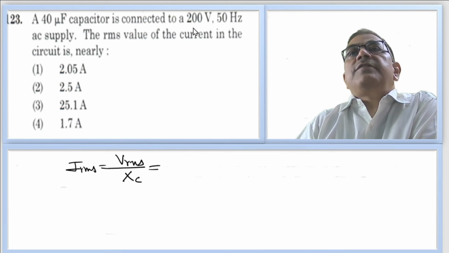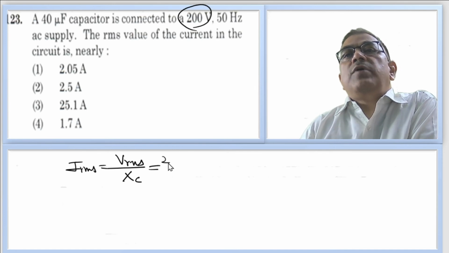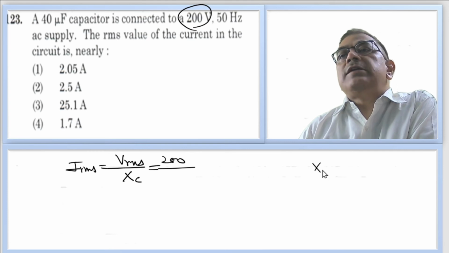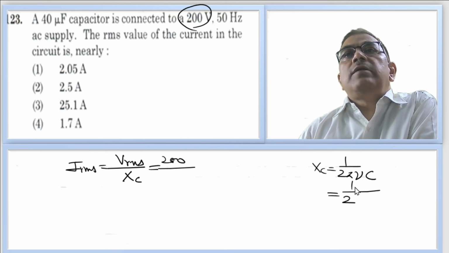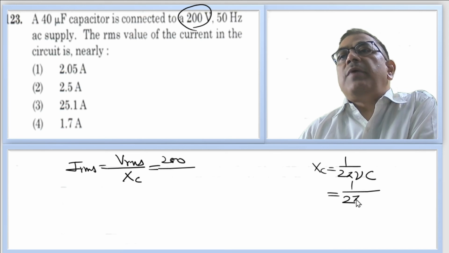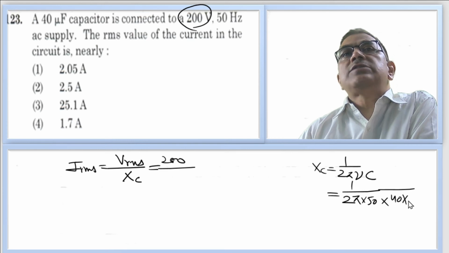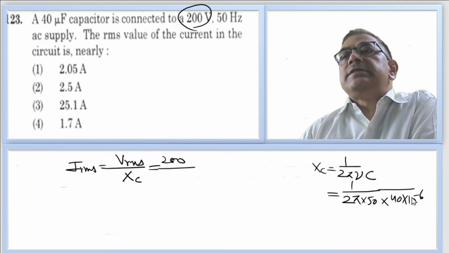And V RMS is 200 volts, and XC is equal to 1 by 2 pi nu C, and this is equal to 1 by 2 pi, let's keep pi the same as pi right now, times 50, and C is equal to how much? C happens to be 40 times 10 to the power minus 6.